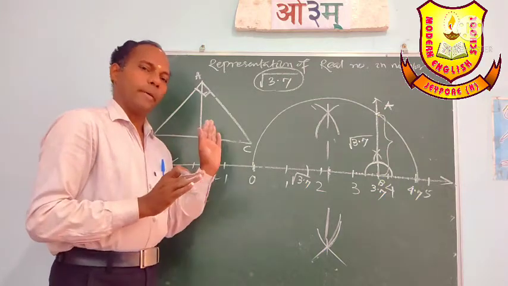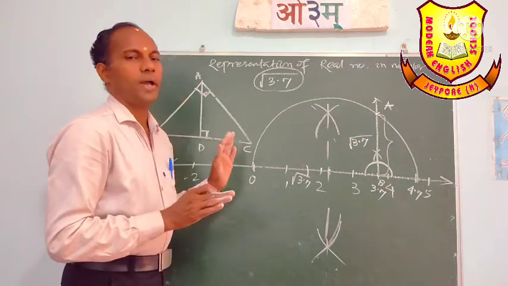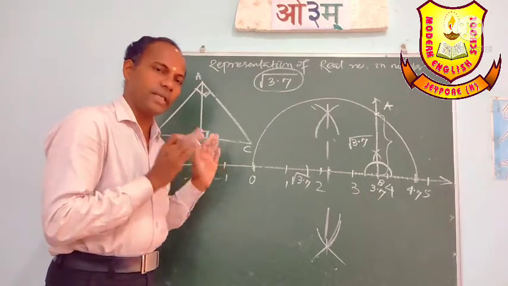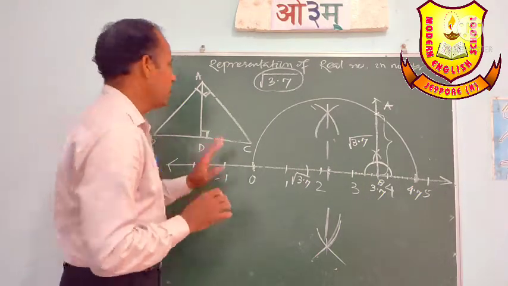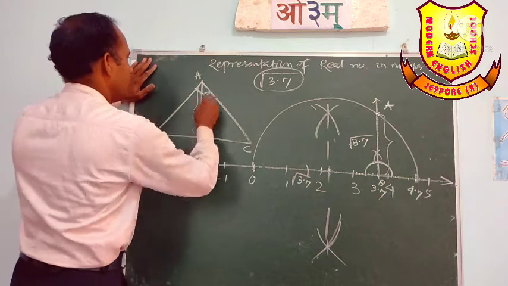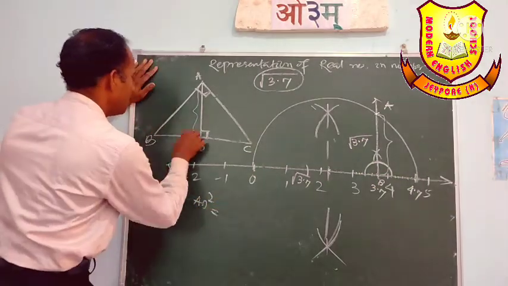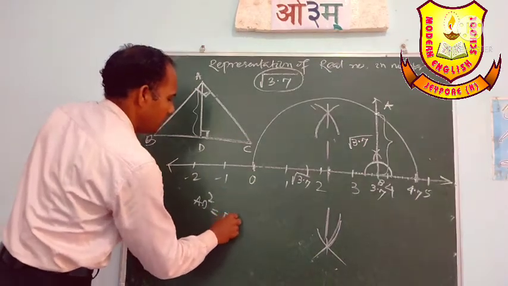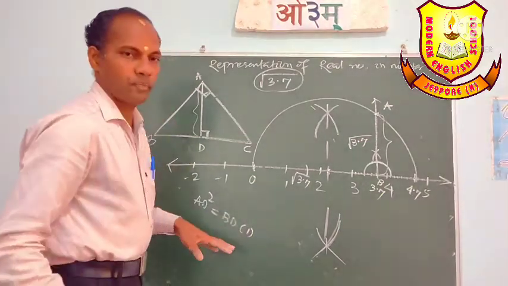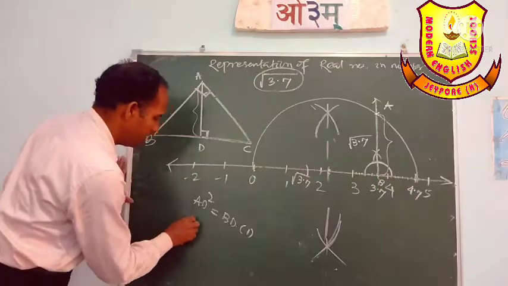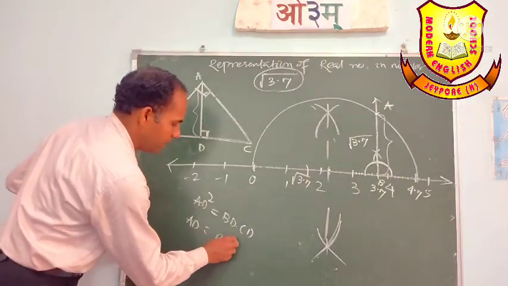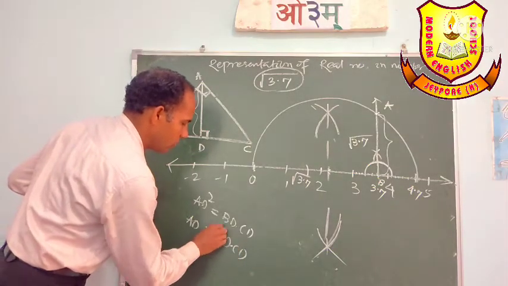This is in 10th standard. Let AD square be equal to BD into CD, so AD will be equal to root over BD into CD.